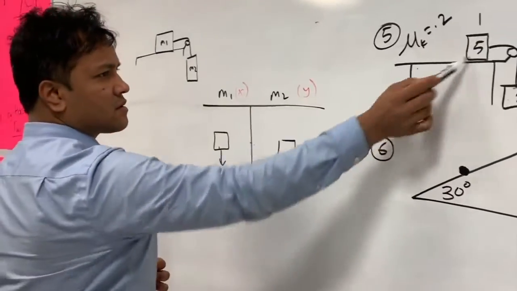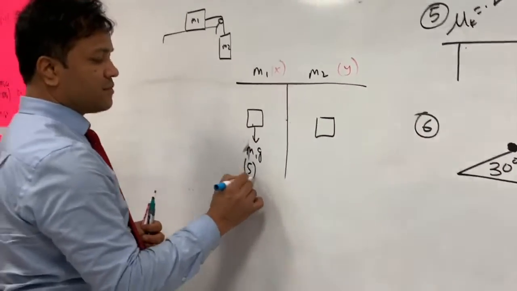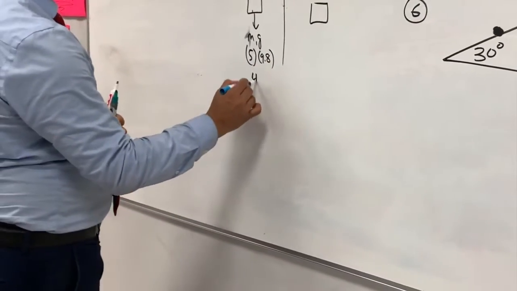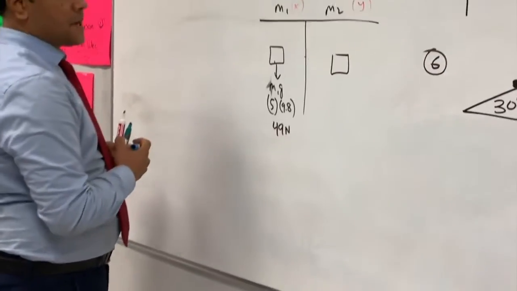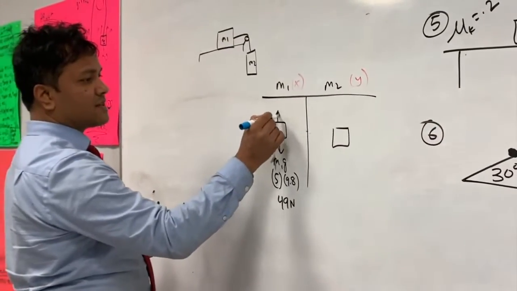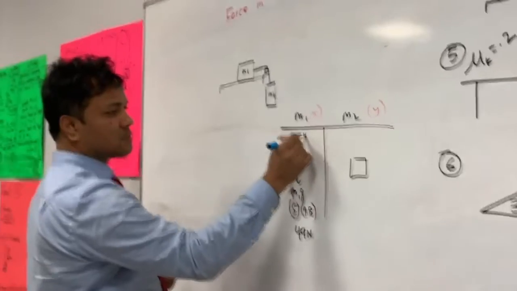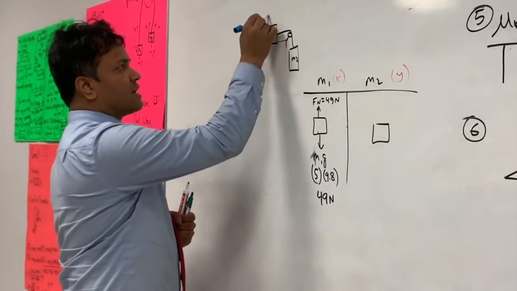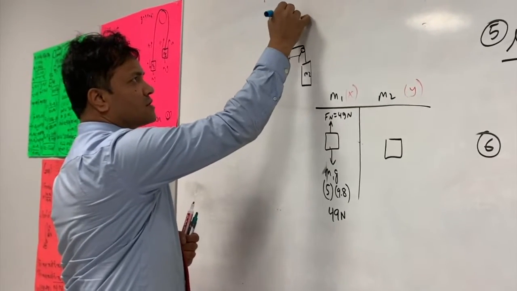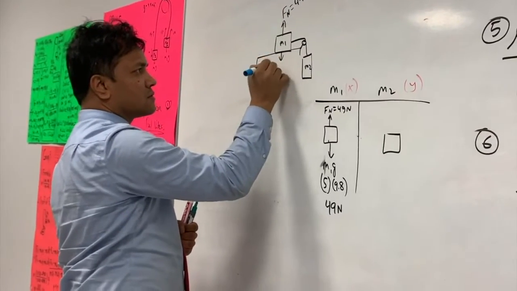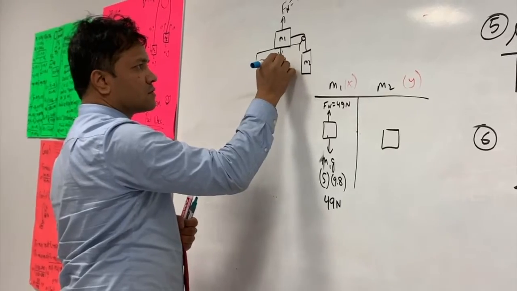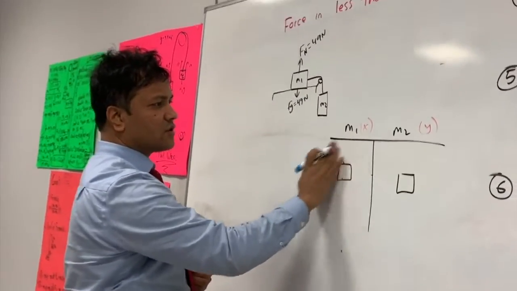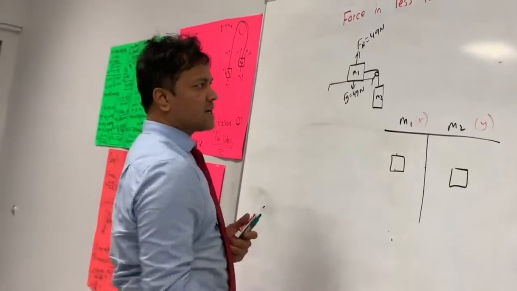M1 is 5, so 5 times 9.8 is 49 Newton. So Fn is 49 Newton. Let's write it over here because this gets too crowded, and I don't want to put anything in the y direction. We don't care about the y direction for this one, only the x direction.